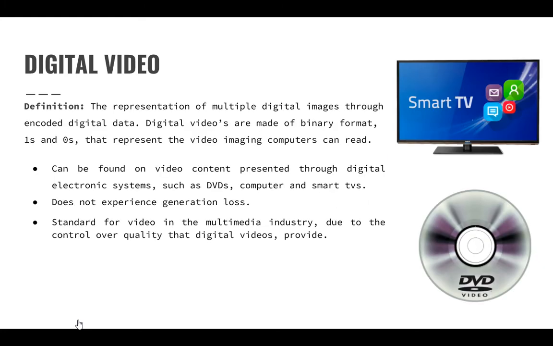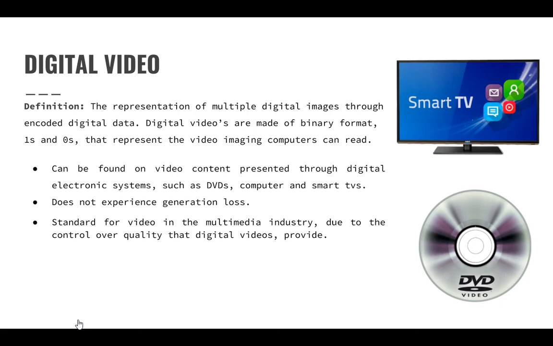Moving on to digital video, which is the representation of multiple digital images through encoded digital data. Digital videos are made of binary codes, so ones and zeros, that represent the video imaging computers can read. So digital video can pretty much be found everywhere in technology, on video content presented through digital electronic systems, such as DVDs, computers, and smart TVs.